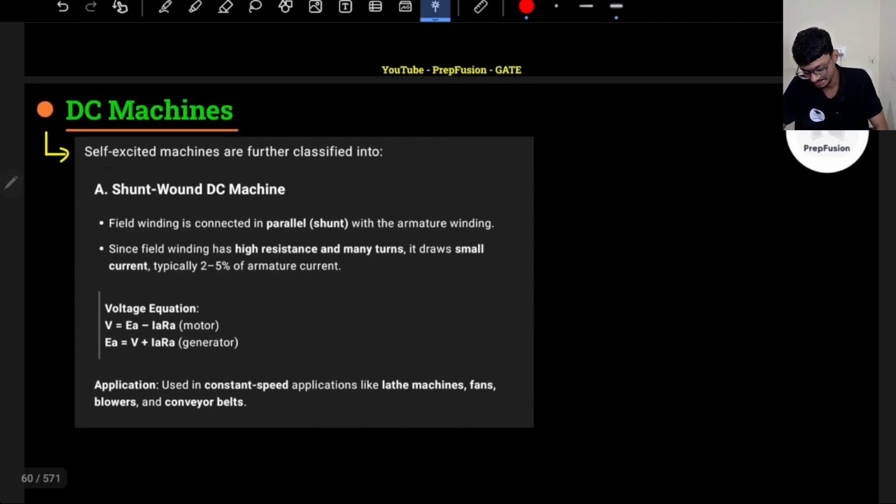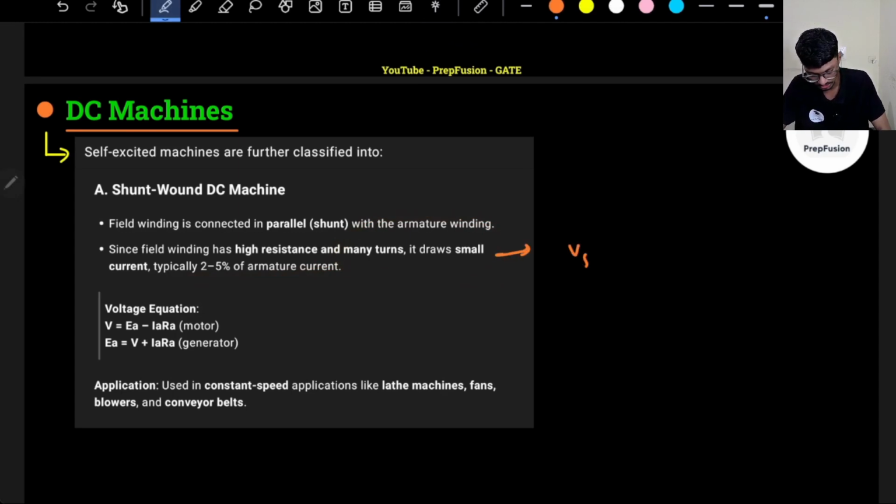Why is the field winding thin? All those things we have already discussed in the previous lecture. What are the losses? Losses are Vf squared by Rf, so we have to make Rf very high to reduce the losses.